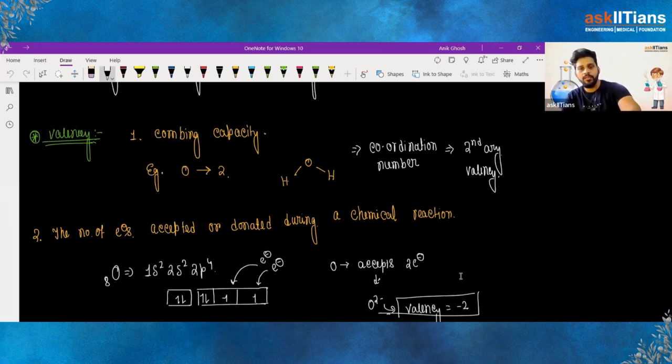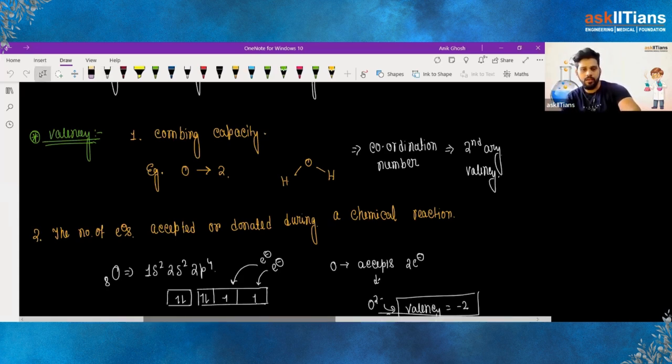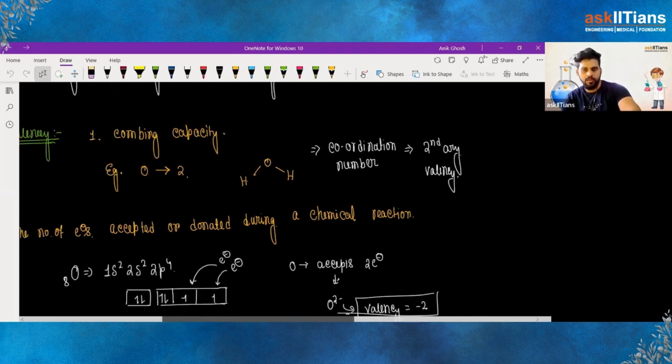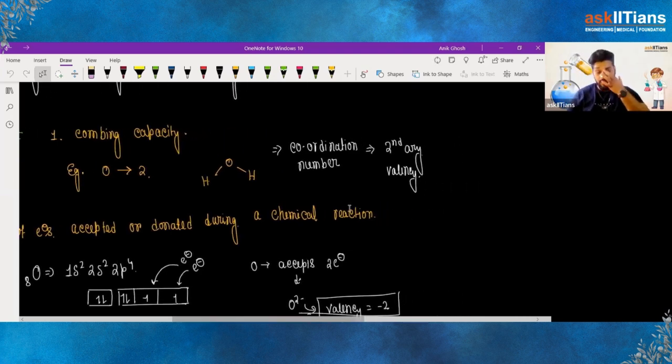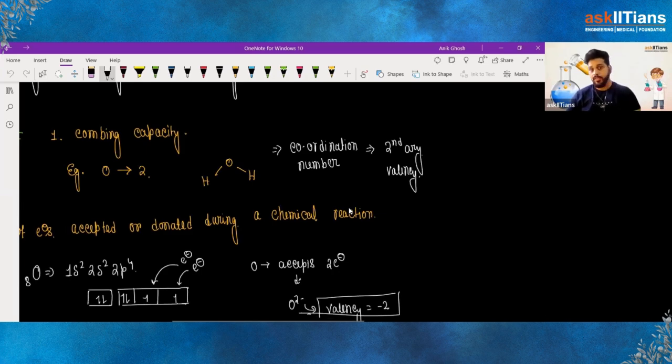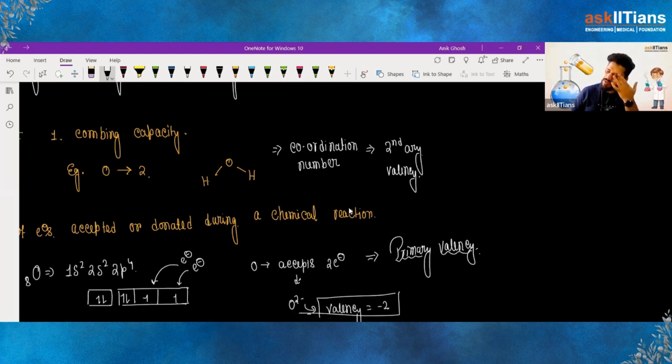Okay. Now, the second one, the thing that we have just learned about the ions and the charges, this is called the primary valence. So these are the two things about it.